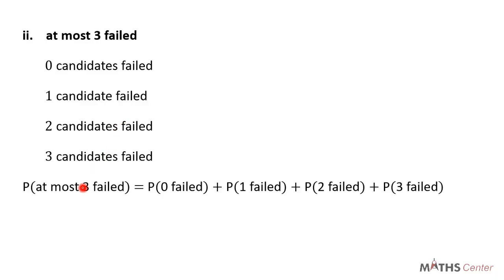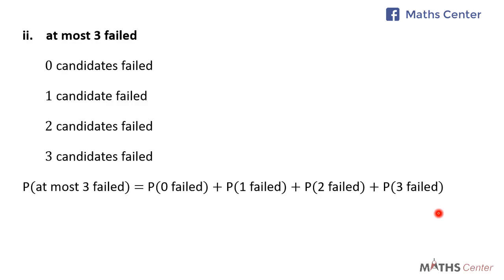So if we want the probability that at most 3 candidates failed, then we will have to find the probability that no one failed, that is 0 failed, the probability that 1 candidate failed, the probability that 2 candidates failed, the probability that 3 candidates failed, then we add them. This will give us the probability that at most 3 candidates failed.